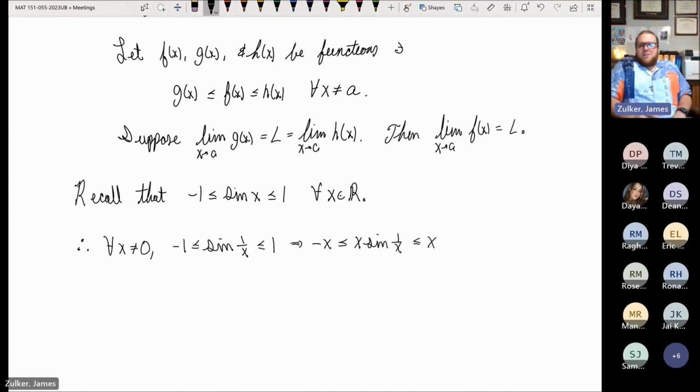Multiply the entire inequality through by an x. We now have bounds for our function x times sine of 1 over x.